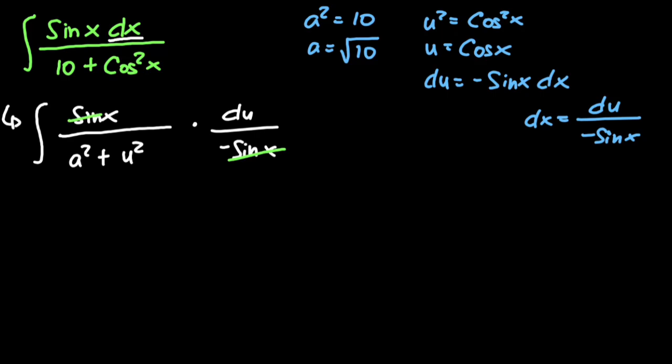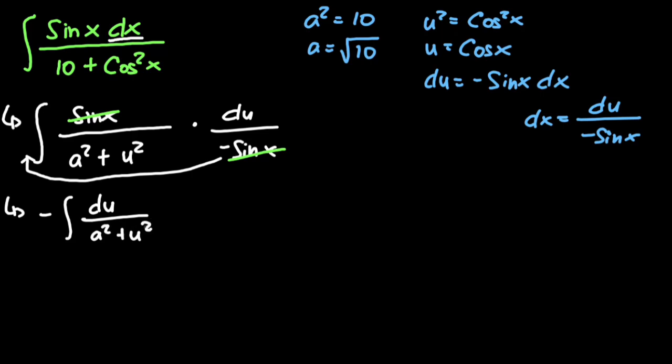Sine of x here would cancel each other out and put the negative value outside the integral. So it will become negative the integral of du over a squared plus u squared. Now we can see this formula. It is based on formula number 2, wherein it is du over a squared plus u squared.